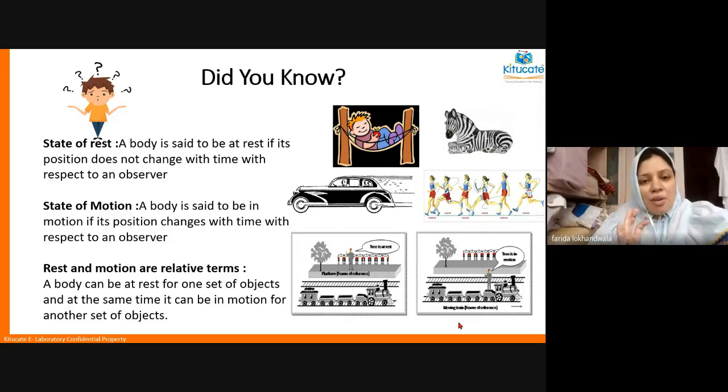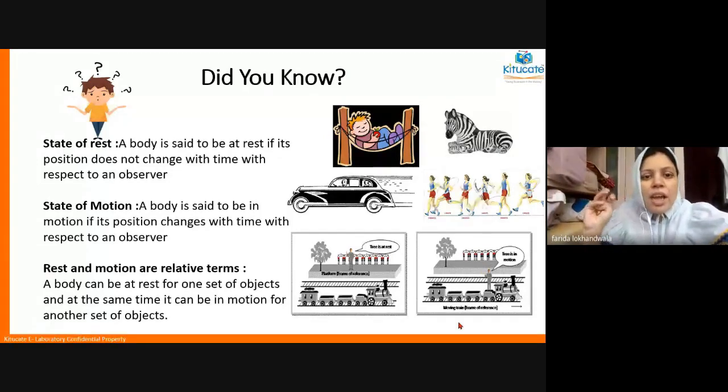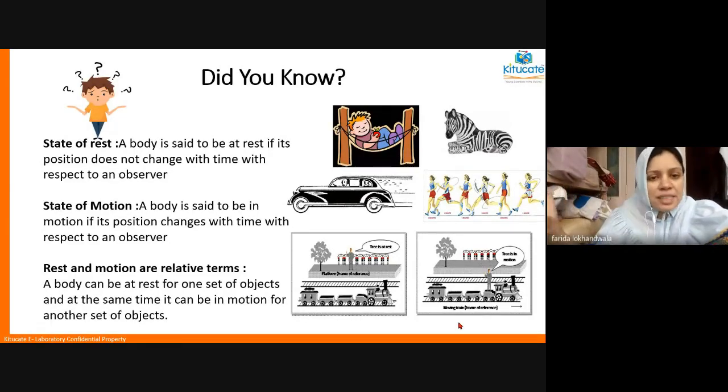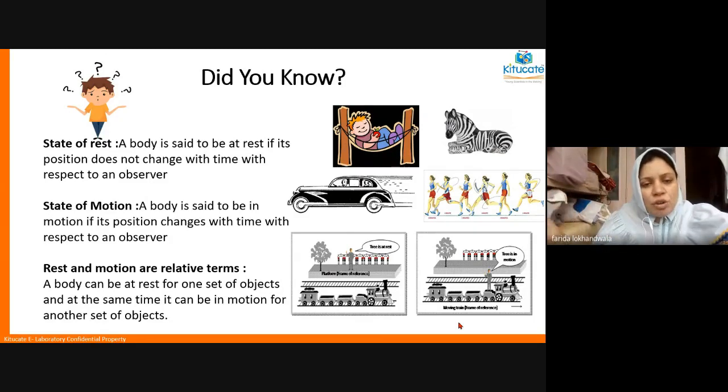Now I'll tell you a very easy example by which this will become very clear. You are in a train. The train comes and stops at the platform. Now you are seeing the man who is selling tea at his tea stall. For you, that man at the tea stall is standing there itself only.